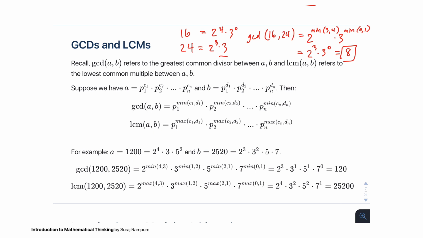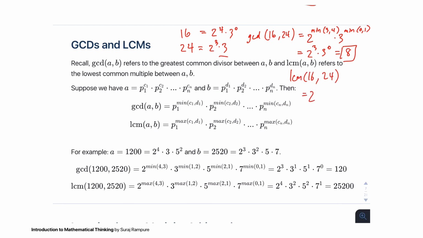Why don't we look at the lowest common multiple of 16 and 24? What do you guess the answer is going to be? Yeah, 48, right? Because 8 times 2 is 16, times 3 is 48. So what would happen? What's the LCM of 16 and 24?